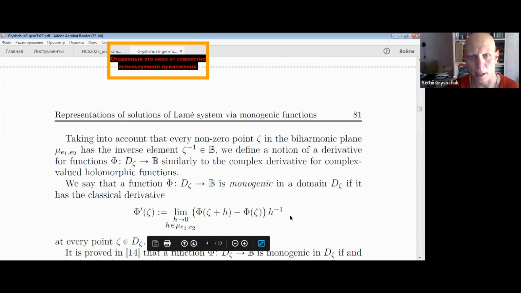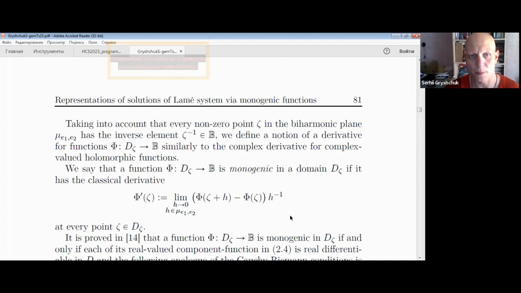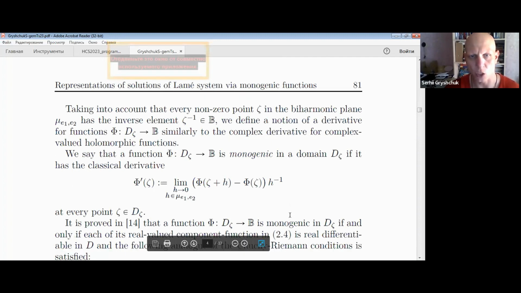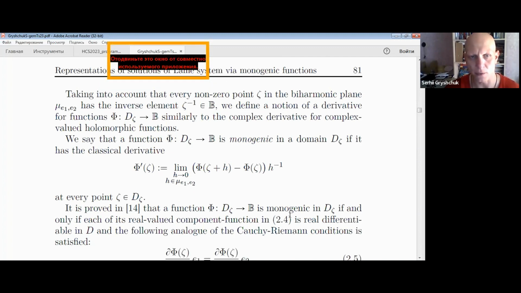Taking into account that every non-zero element of the biharmonic plane has an inverse element, we can define a notion of derivative for such functions phi, similar to the complex case. We say that the function phi, which maps D zeta to B, is monogenic in the domain D zeta if it has a classical derivative at every point zeta from D zeta.